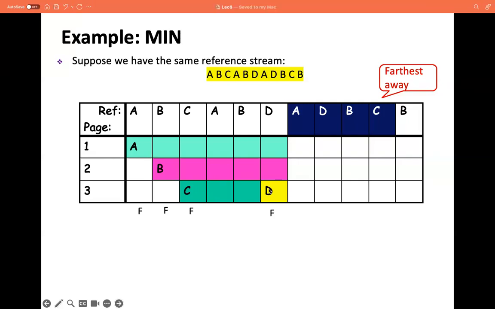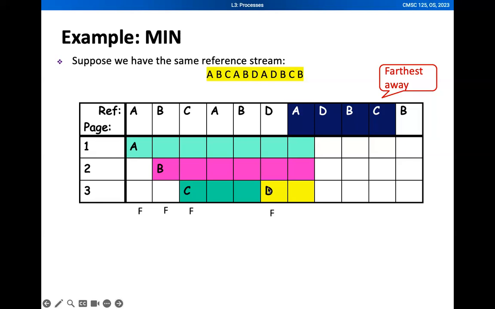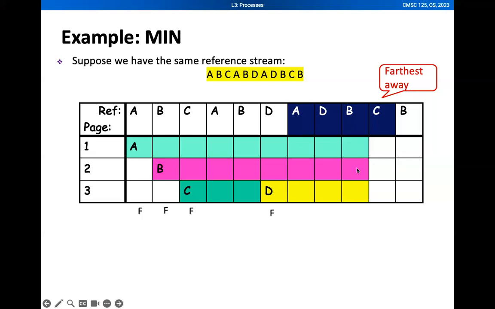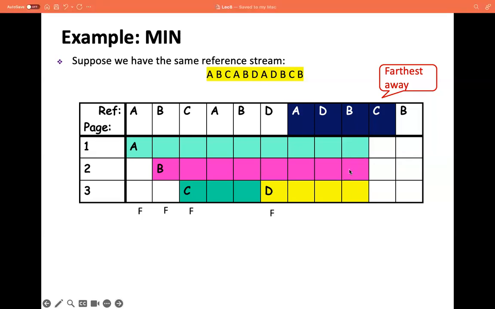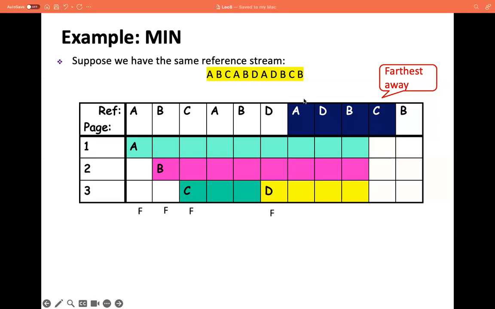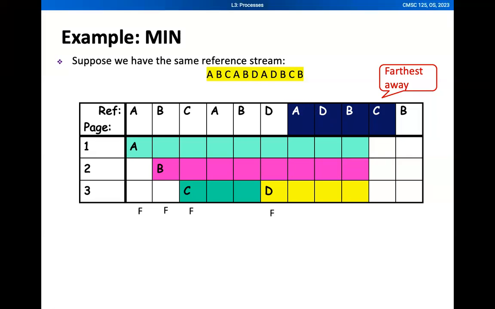So we replace C with D. And now, A is already loaded in the memory. D is still already loaded in the memory. B is also already loaded in the memory. So can you see the advantage here? Since A, D, and B were going to be processed quickly in the future, we did not replace them yet.